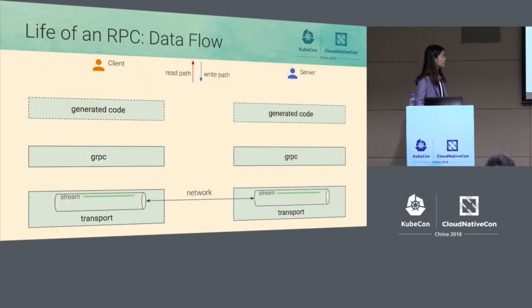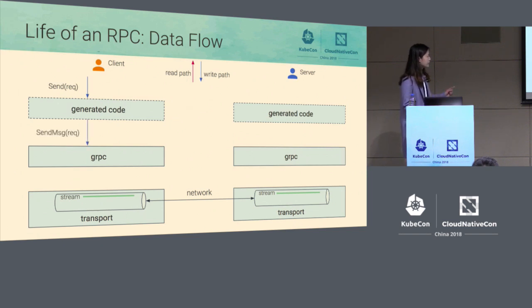So now the client has a handler to send and receive messages, and the server function also has a handler to send and receive messages, so they can start communicating over the channel we just created. So the client will send the request, calling the send method on the generated code provided API.